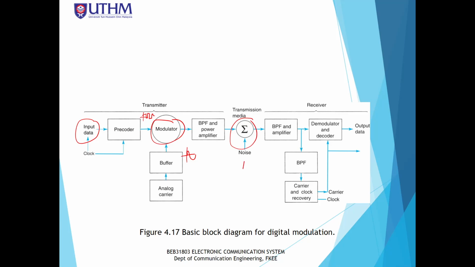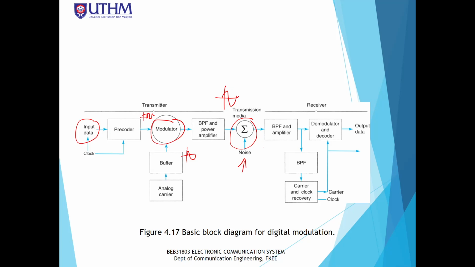In the channel we have noise, and then at the receiver, the signal is received. You see that what we transmit here is actually an analog signal. The analog signal carries digital data. That's a different thing from the analog system in chapter 3 that we have learned so far, where the analog signal carries analog data.